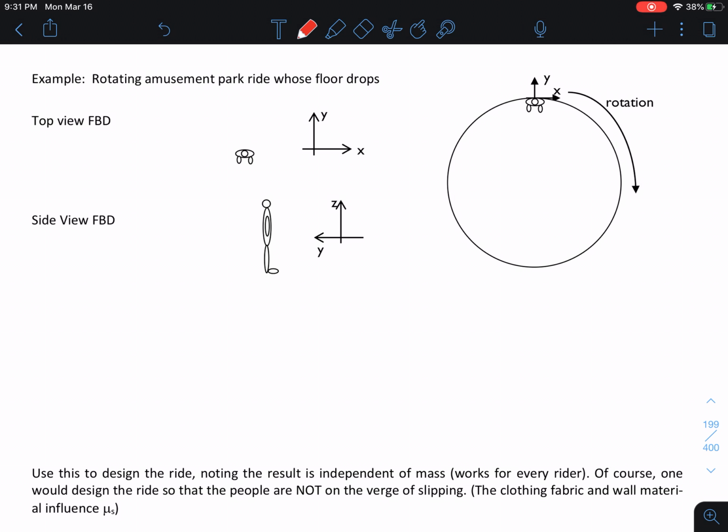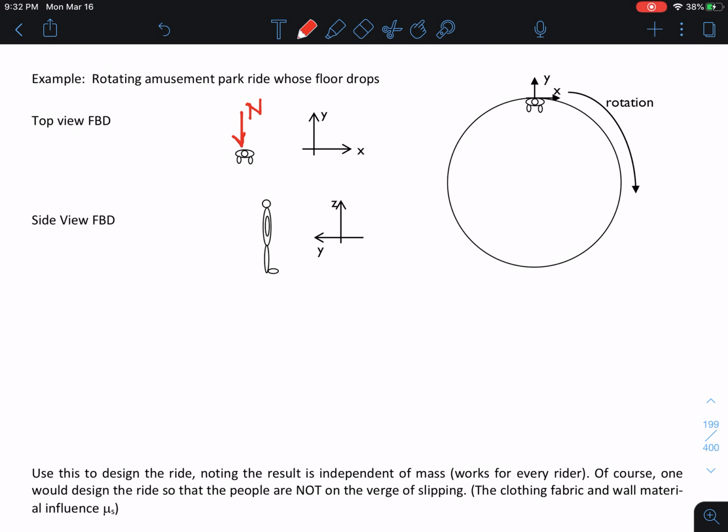But we are going to think about the rotation, so there will be a normal force on the back of the person. When you're looking from the top, you feel that force going down along the y direction. That is the normal force, right?